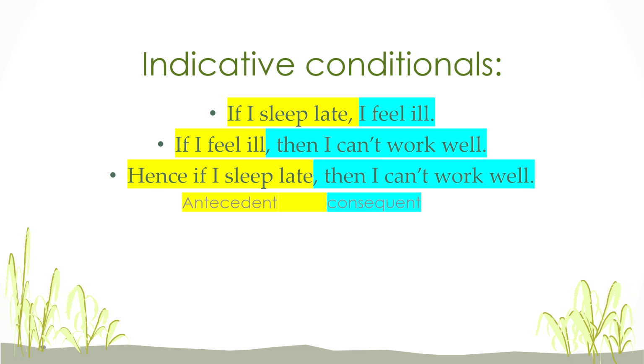And we also did the same thing. The consequent in the first sentence, we use it as an antecedent in the second sentence. And then for our final sentence, we use the antecedent in the first sentence and the consequent in the second sentence. We combine them and therefore we already have our conclusion.